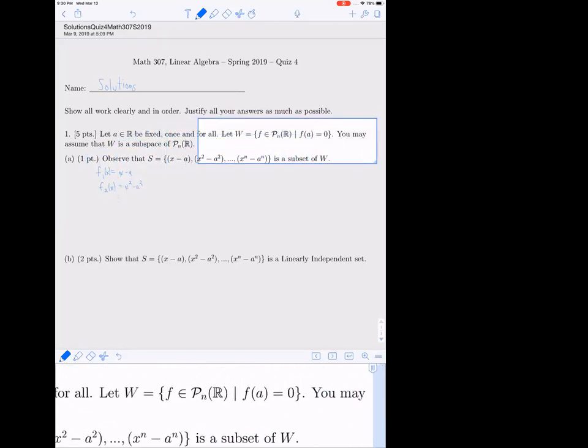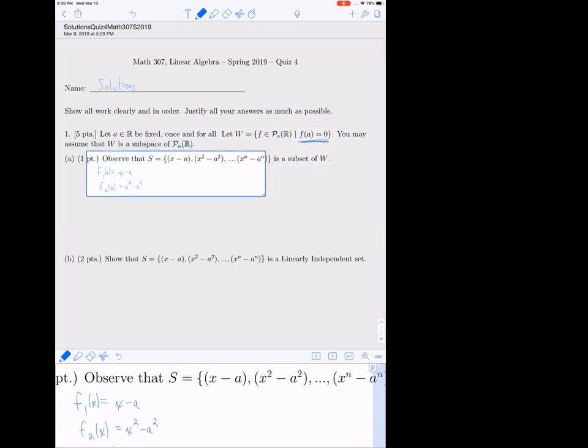That's an element in S, and we want to show that it's in W. Well, to be in W means that you have to satisfy this condition. So let's see if this polynomial, F1 of x, actually satisfies that condition. What is F1 of A? Well, we plug in A for x, and lo, we get 0.